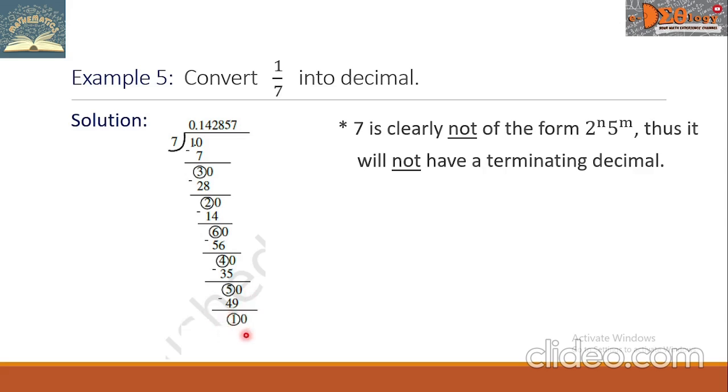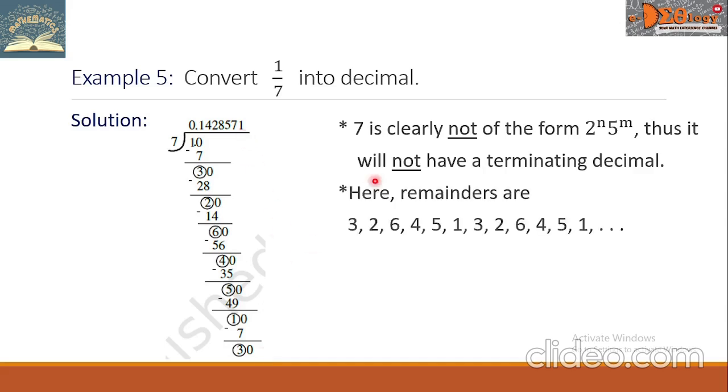Then we add 0. 10 divided by 7 is 1. 1 times 7 is 7. 10 minus 7 is 3. Then we add 0. Then we pause in here.